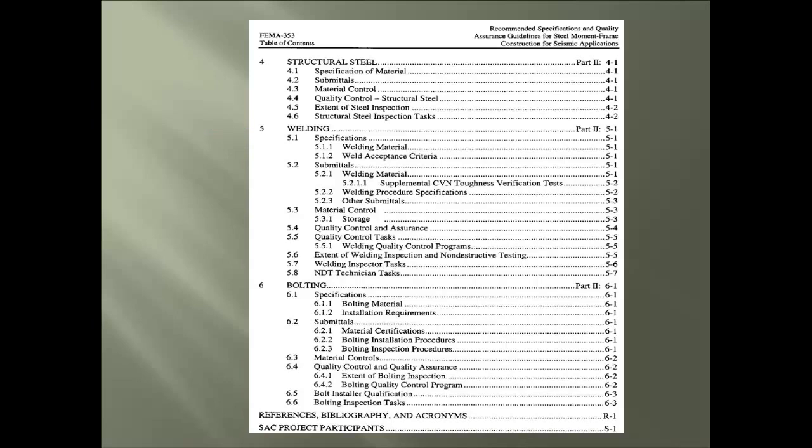And lastly, Chapter 6 is bolting. Now, for the AWS CWI inspector, bolting is not yet a required certification, but the knowledge of high tension bolting is a must for any steel QC or QA professional. And this chapter does cover many items from installation to inspection.